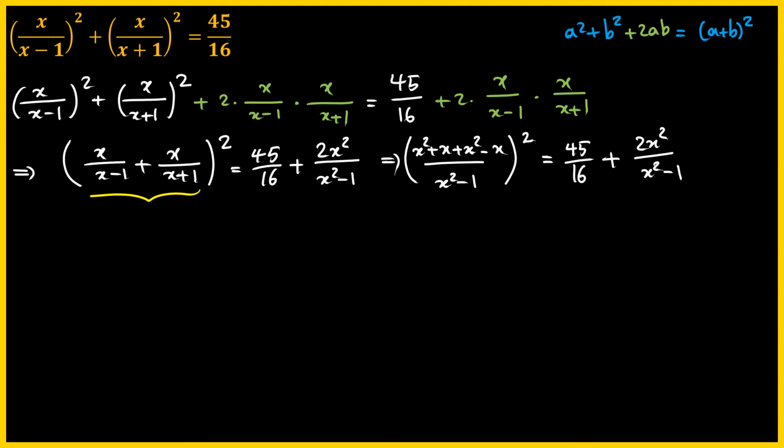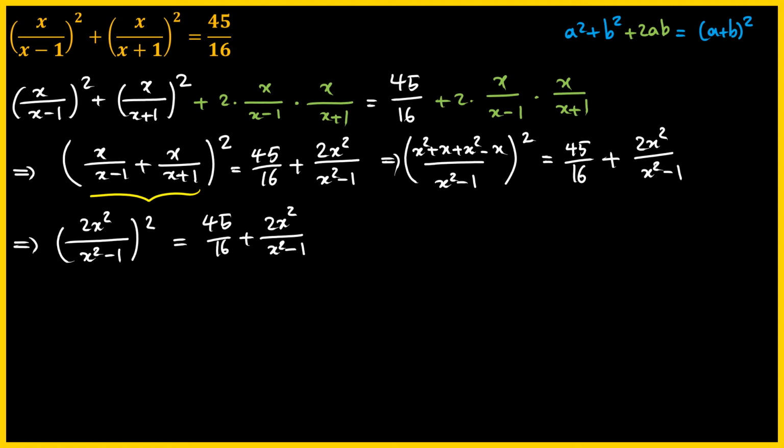And then by simplifying this, we should be getting (2x^2/(x^2-1)) squared equals 45/16 + 2x^2/(x^2-1).